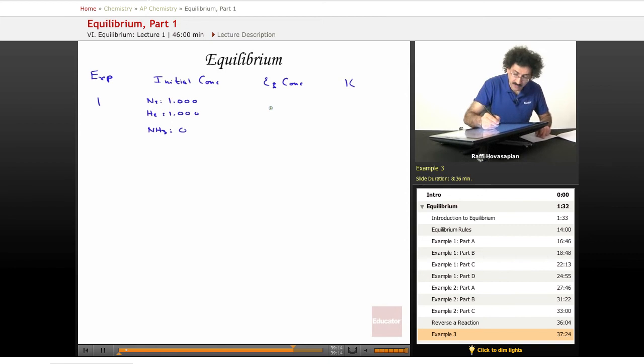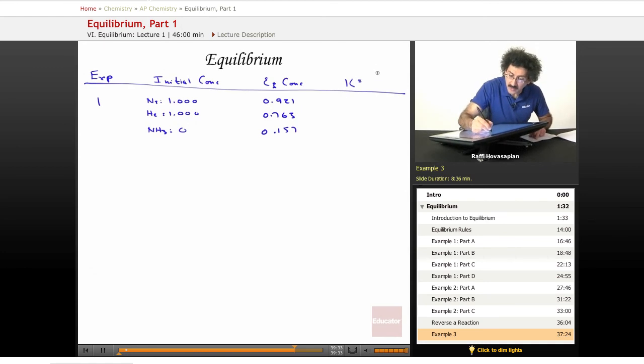Our equilibrium concentrations, when we measured them, are 0.921, 0.763, and 0.157, and the K is equal to NH3 concentration squared divided by the N2 concentration times the H2 concentration cubed. That's our equilibrium expression. The K ends up equaling 6.02 times 10 to the negative 2.